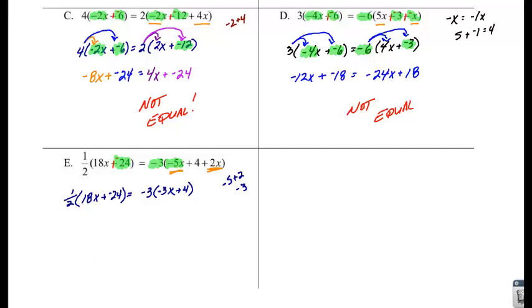Now we're ready to multiply. We're going to do 1/2 times 18x. So 1/2, and if you need to, we can use some space right over here. 1/2 times 18, 18 over 1, do the canceling. 2 goes into 2 once, 2 goes into 18 9 times. So we end up with 9x.